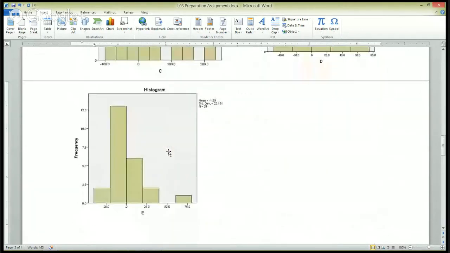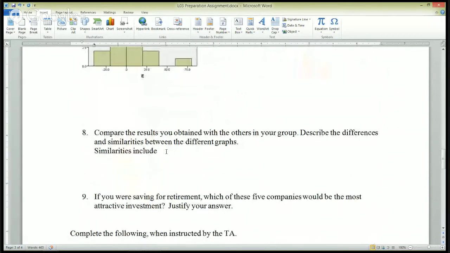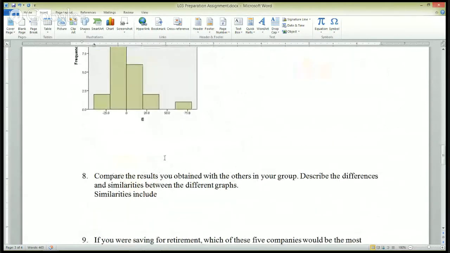A lot of the similarities is that there's not a whole lot of extreme outliers. A lot of the data is pretty close together. Even though there are some gaps, all the data is pretty close.